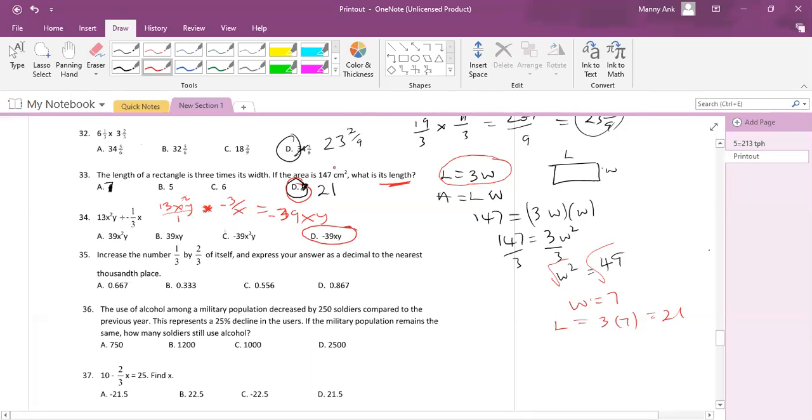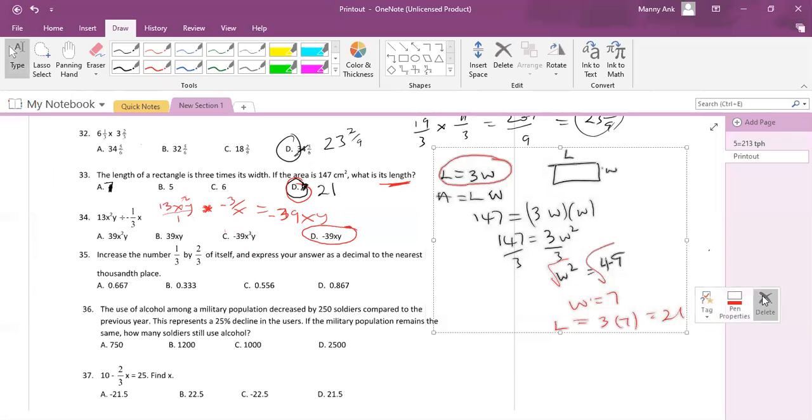And then number 35. Increase the number 1/3 by 2/3 of itself. Let me get rid of this one here to have some space.